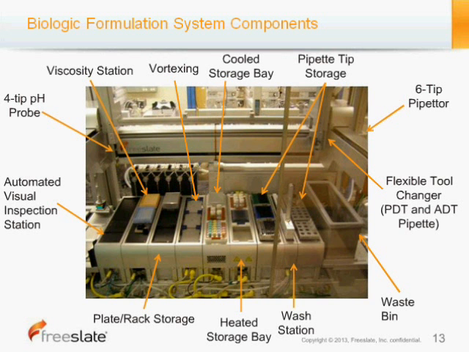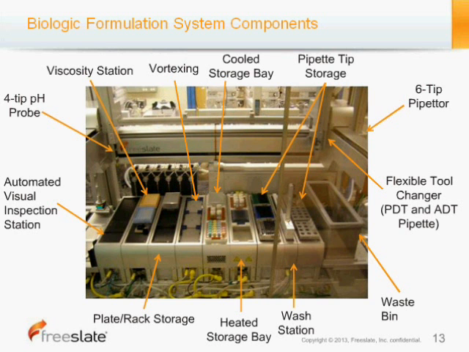Then we have the flexible tool changer, which allows for either positive displacement or air displacement pipettes. And then we have a very large waste bin here for the pipette tips. We have a wash station, which is used to wash and clean the 4-tip pH probe. We have a heated storage bay, which can be used for both sample prep and stressing.